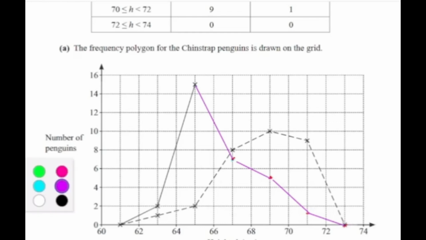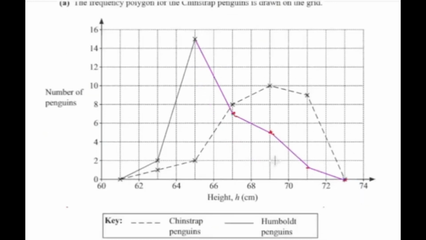So we have successfully drawn our frequency polygon, and we've connected every point for the Humboldt penguins.